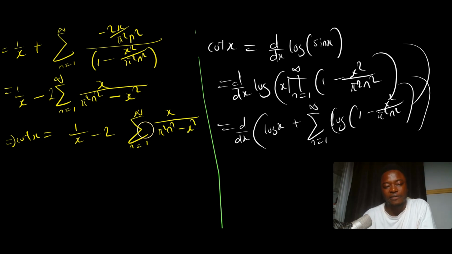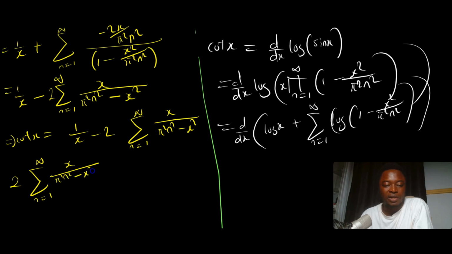Although the useful way of writing this is to write twice the sum as n runs from 1 to infinity of x divided by pi squared n squared minus x squared as 1 over x minus cotangent of x.